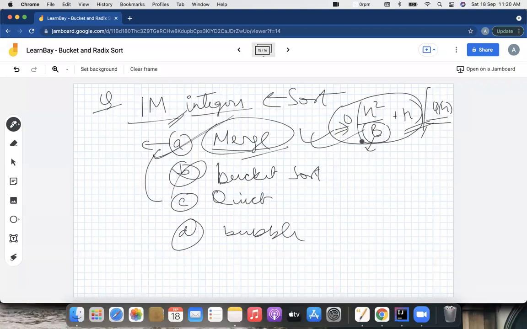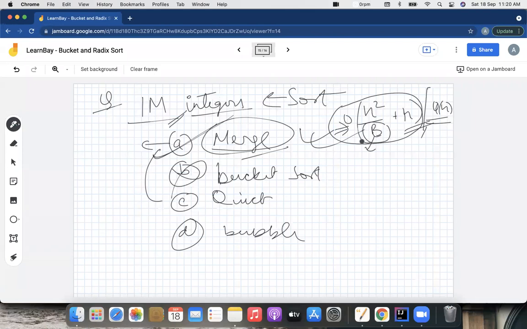One is you create range buckets. One is you create individual buckets. Individual buckets are the problems that we solved initially, like black and red candies. Buckets were black candies and red candies. It wasn't a range. 0 and 1, sort them. One bucket is 0, one bucket is 1. So all zeros go in one bucket.